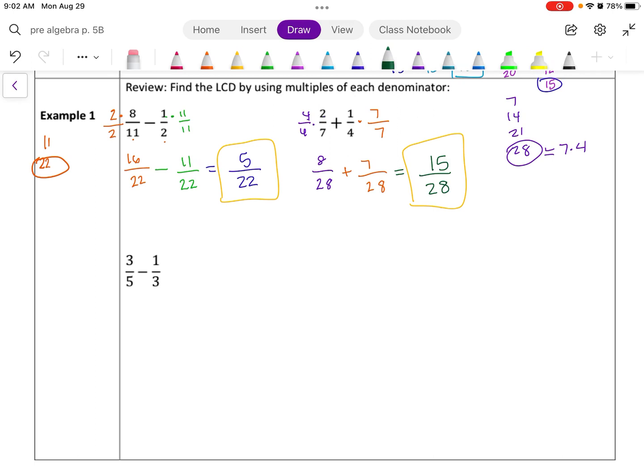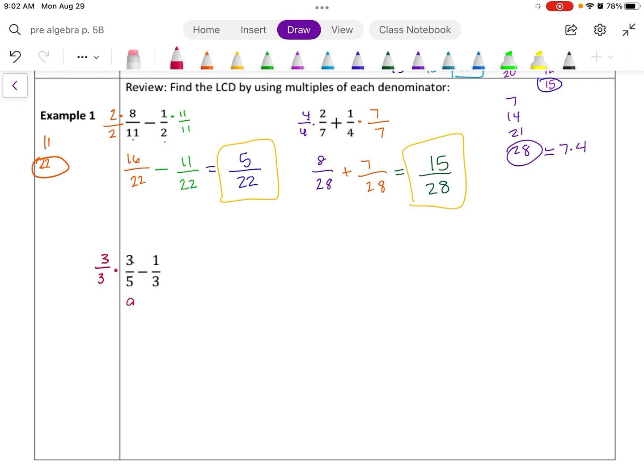Go ahead and take a second and try the third one on your own. See if you can find the least common denominator. So we have 3/5 minus 1/3. Well, 5 and 3, let's think about what 5 and 3 both go into. 5 and 3 both go into 15. So I'm going to multiply 3/5 by 3/3.